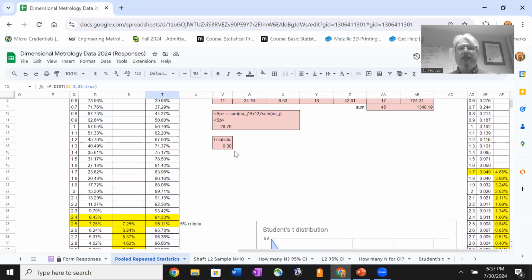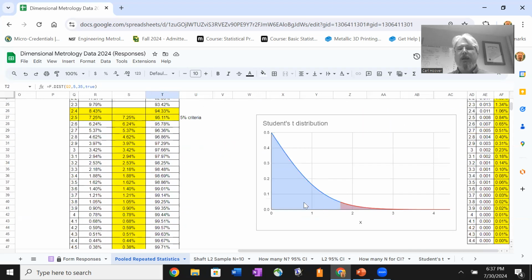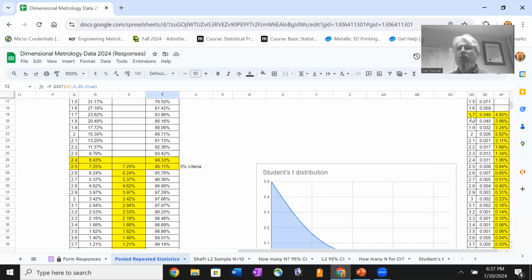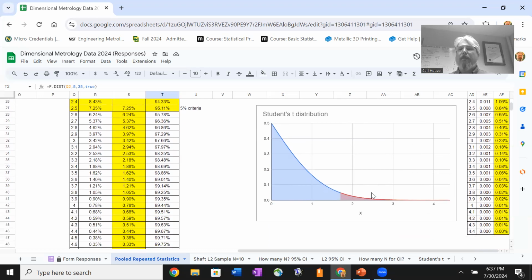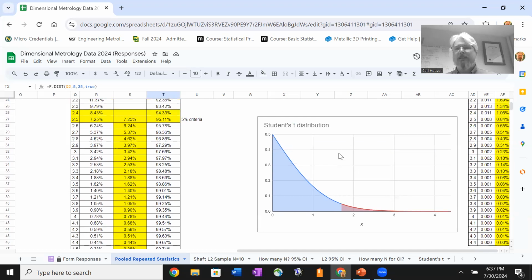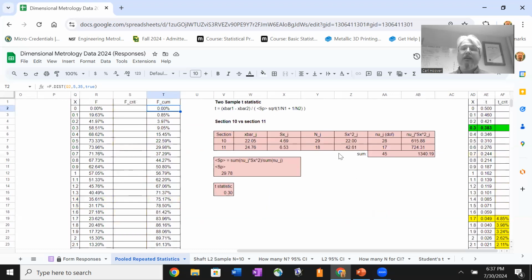And so our student's t was 0.3, just plotting that over here, it falls right around here, and using a 5% threshold on one tail, which is pretty conservative, 1.7 is the criteria that we're looking at for student's t. And so essentially we're saying that these two samples are drawn from similar distributions.